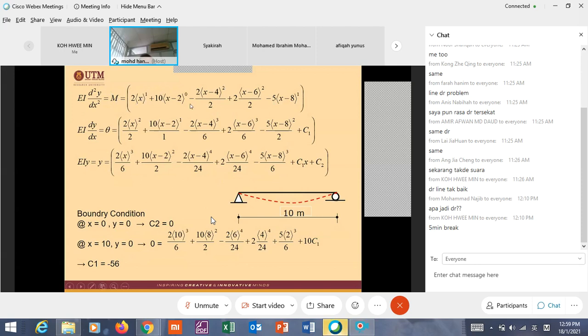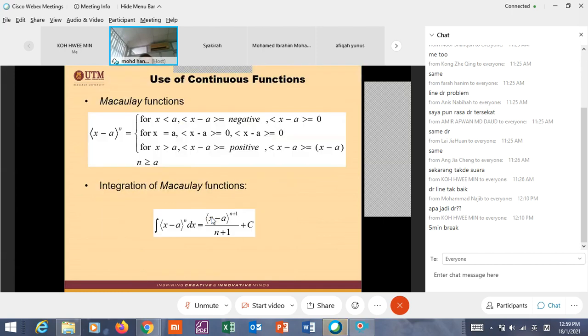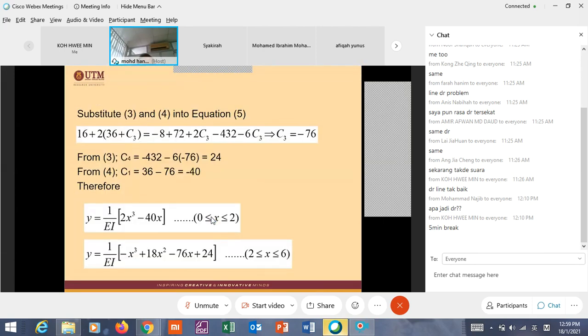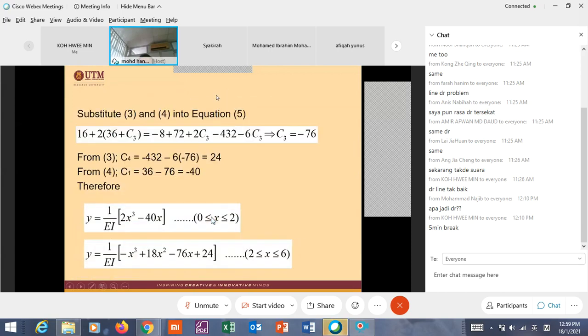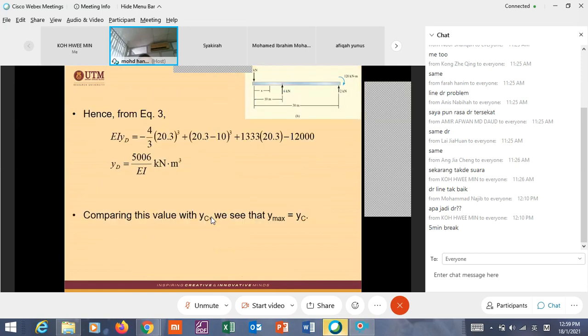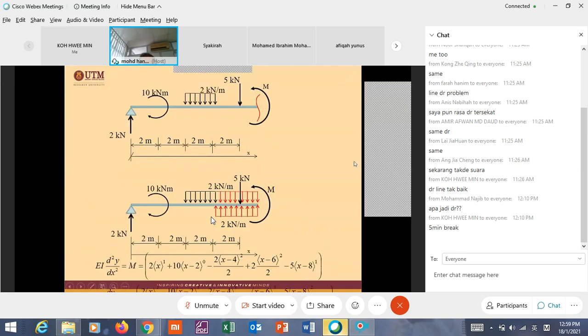The first equation. If you compare to double integration, what happened? You have to split into segments.